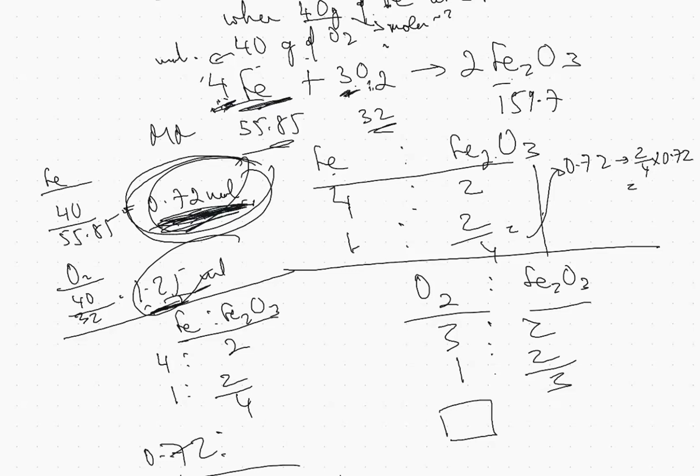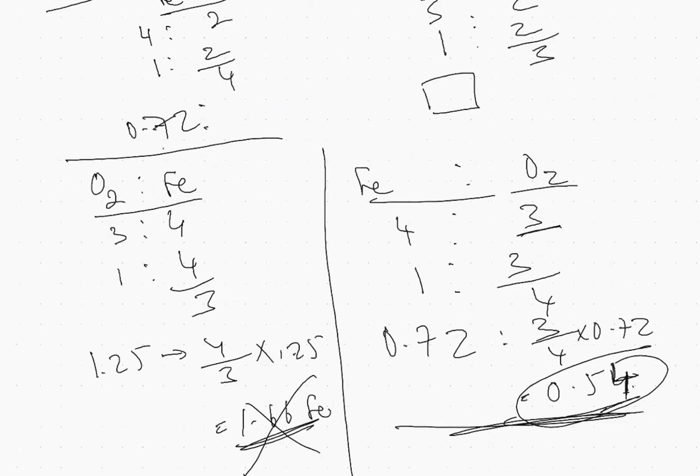I get 0.36 moles. So that is the maximum moles we can get when we have only 0.72 iron. Out of the oxygen, it needs only 0.54. The rest of the oxygen is there, but there is no point because there is enough iron to react.